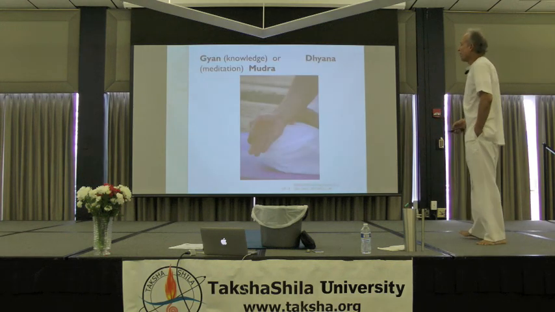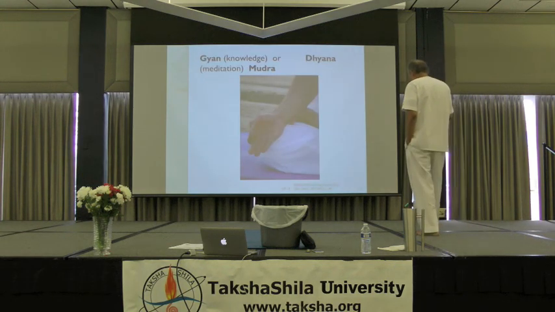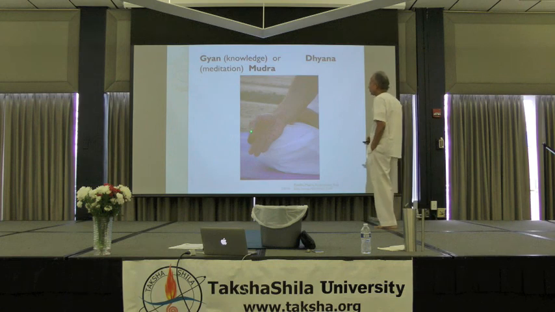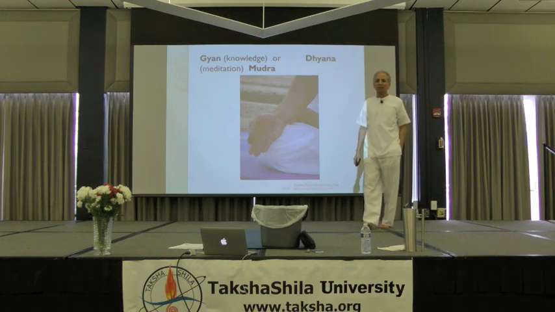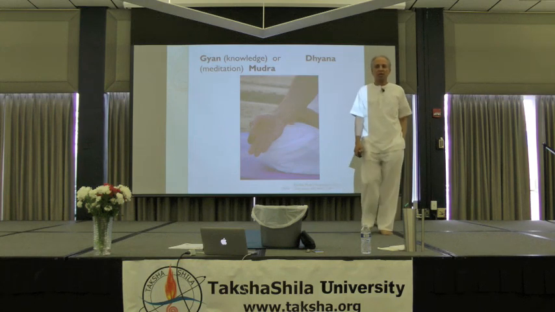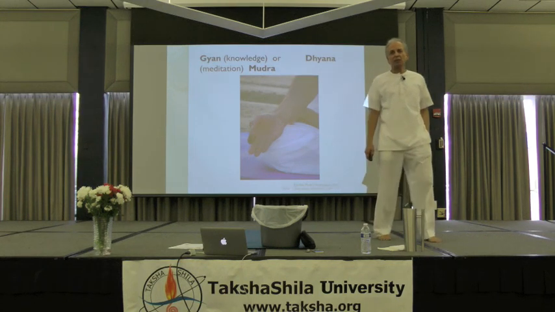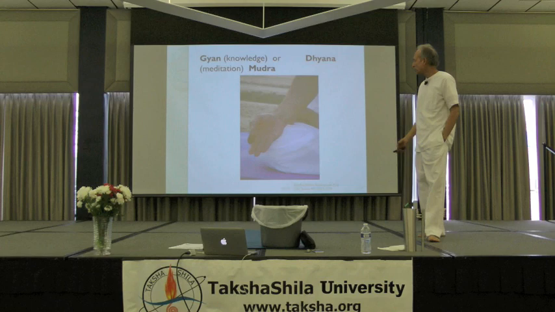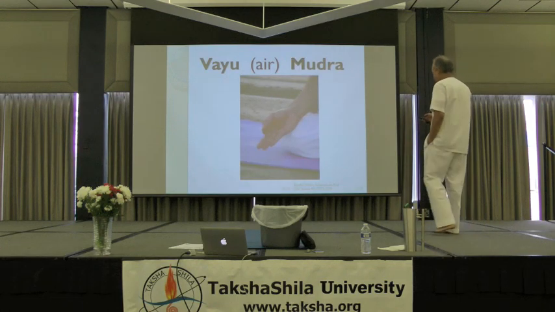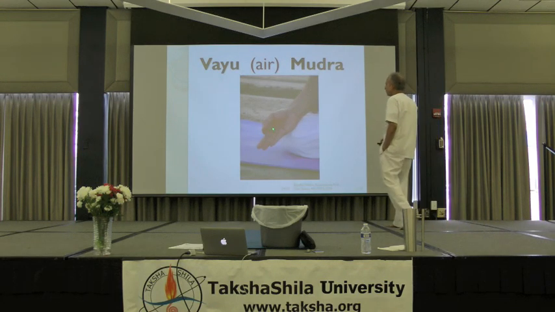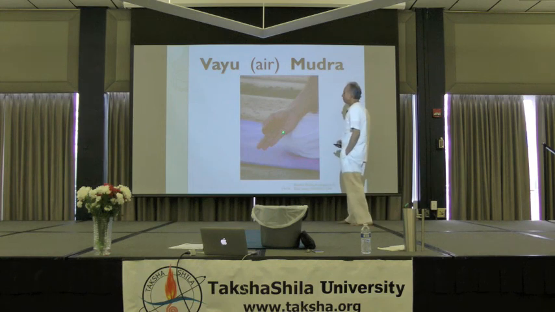So, what happens in the mudras, I'll give it to all of you. When you touch your fire element and the air element, it quiets down your mind. It's called a Dhyana Mudra. It is primarily used for quieting down your mind. If you bend your index finger down and put your thumb on the top, this is called a Vayu Mudra.